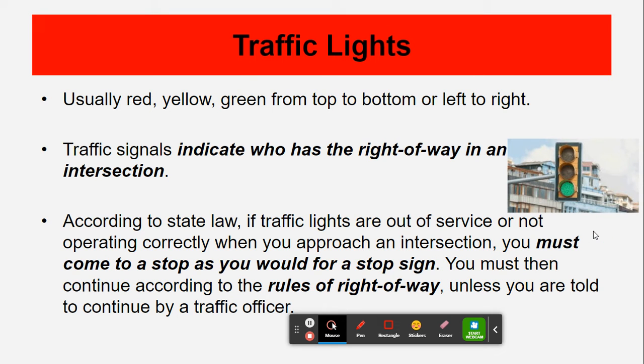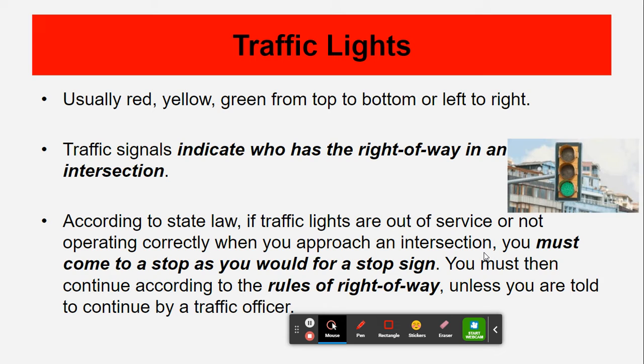Okay, traffic lights. Well, we know traffic lights are usually red, yellow, and green, right? We know what they mean. They do indicate who has the right of way. Okay. Let's read this really quickly. According to state law, if traffic lights are out of service or not operating correctly when you approach an intersection, you should. This is the rule.